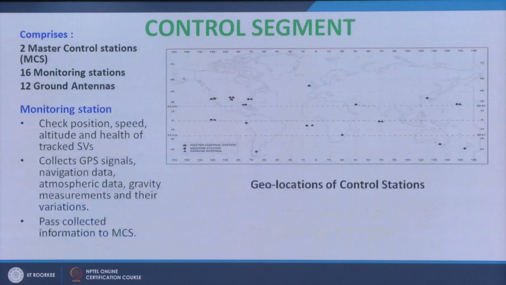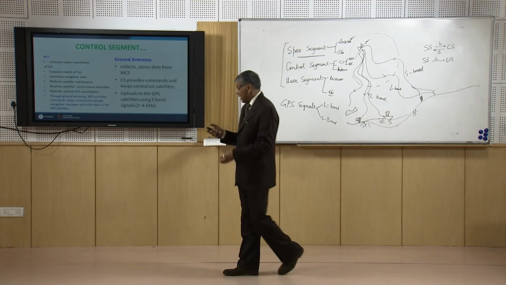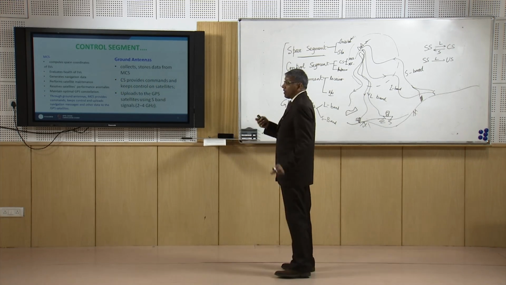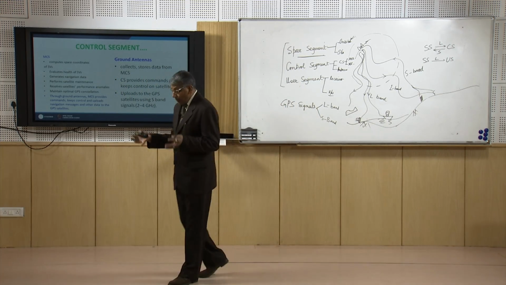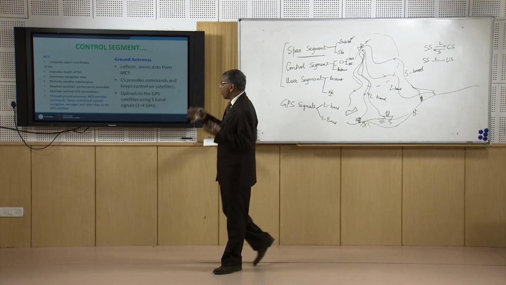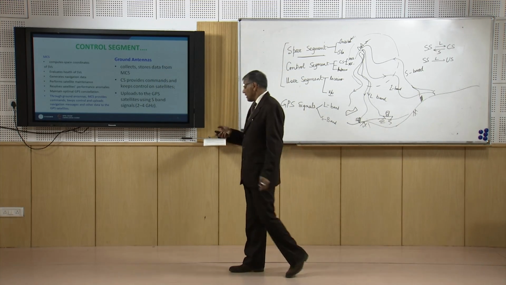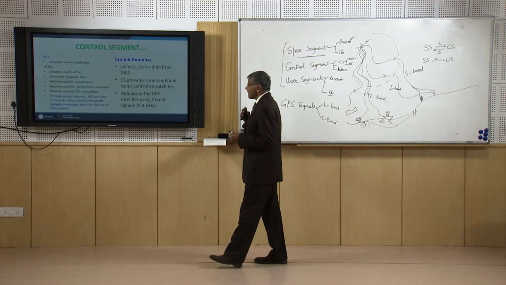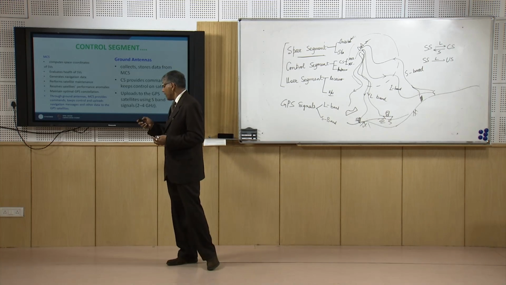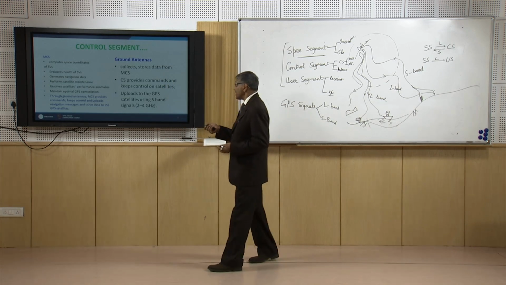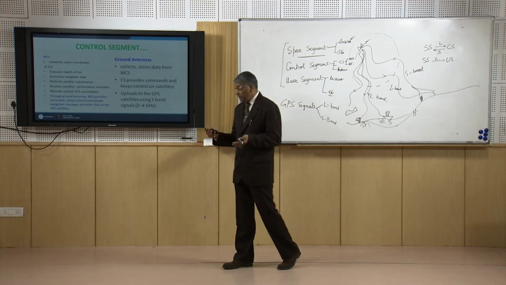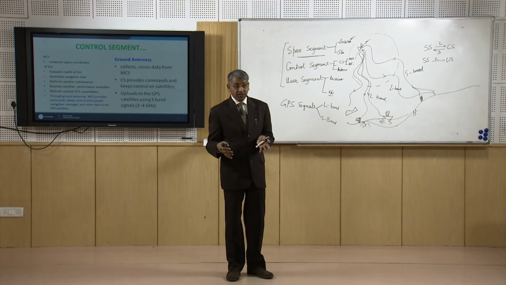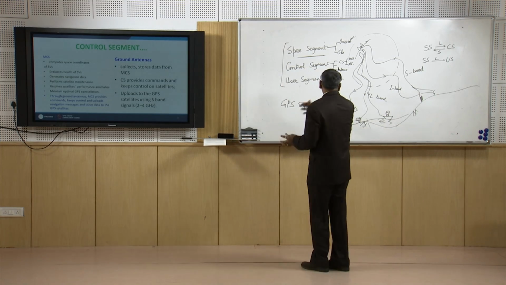Most of the control lies with the master control station. Once it receives the data from the monitoring stations, it does all the processing and computes the location of the satellite vehicles at different instants of time. It evaluates the health of the satellite vehicles, generates the navigation data and all other control information, and once the master control station generates the information, it sends it to the ground antenna.